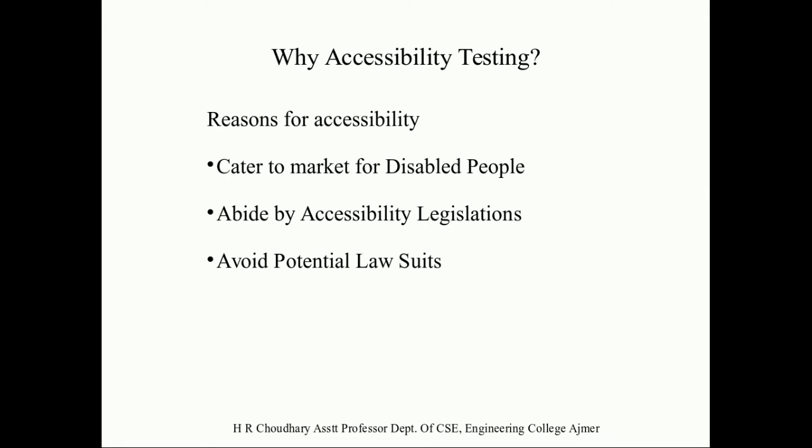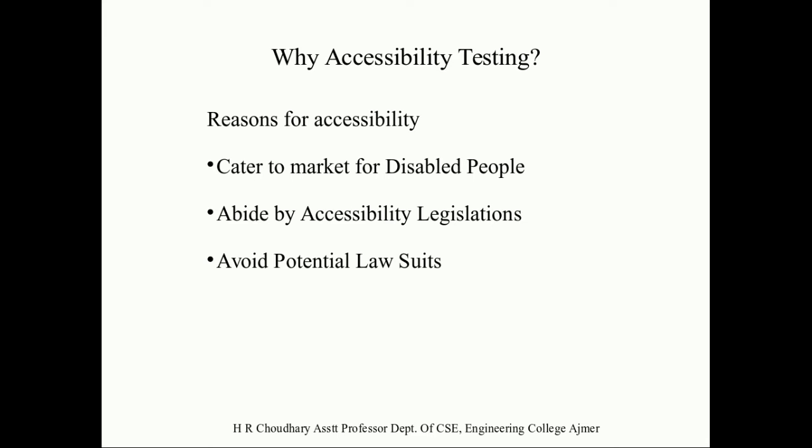Now we'll move forward to why accessibility testing. Why should we do accessibility testing? We have certain reasons. The first one is to cater to the market for disabled people. What does it mean? About 20% of the population has disability issues. 1 in 10 people has a severe disability, and 1 in 2 people over 65 has reduced capabilities.